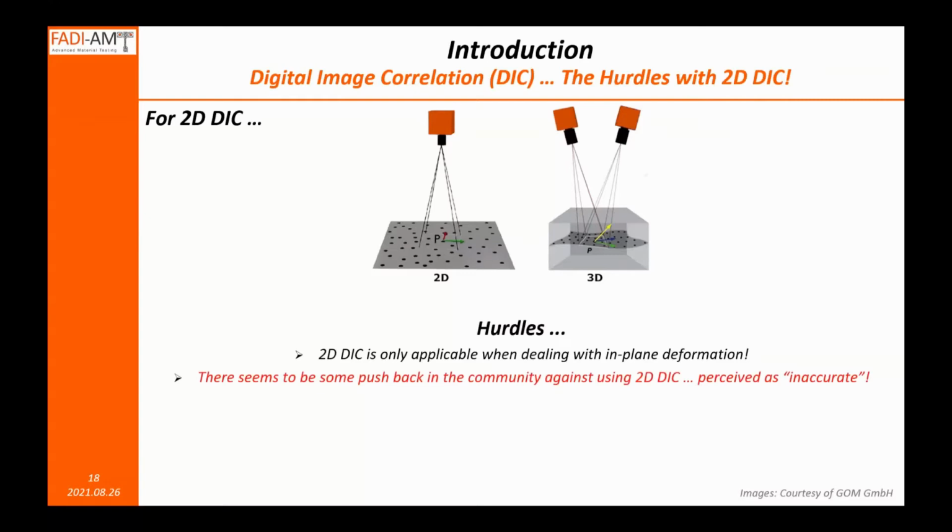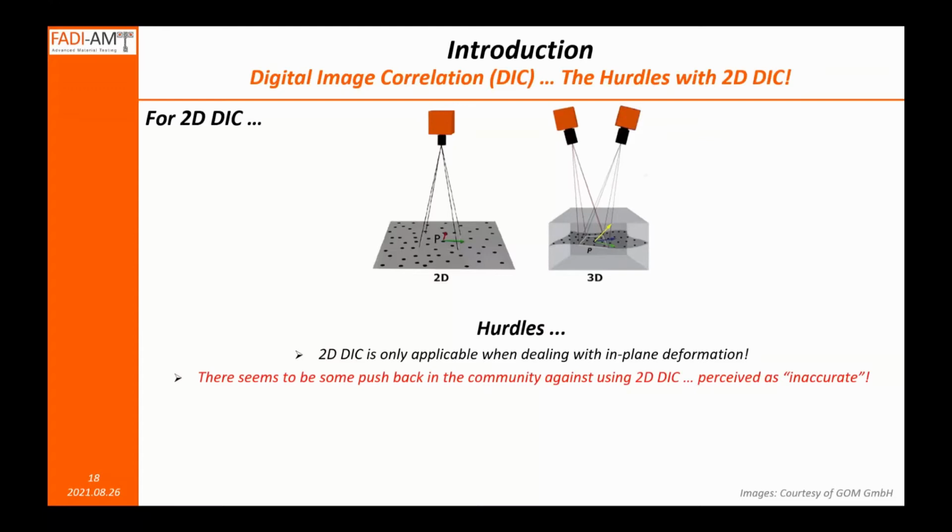So that is one major restriction for 2D DIC, is that most people say, okay, I can only do planar tests, so how good is it, or is it really worth it, and so on. But then the second problem, the more important problem, is that there seems to be a pushback in the community against 2D DIC.